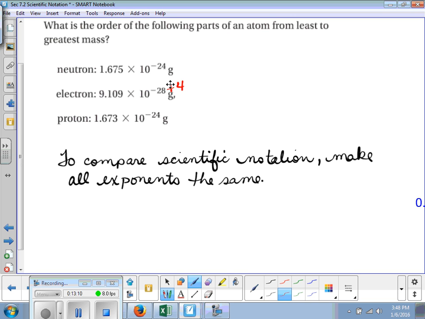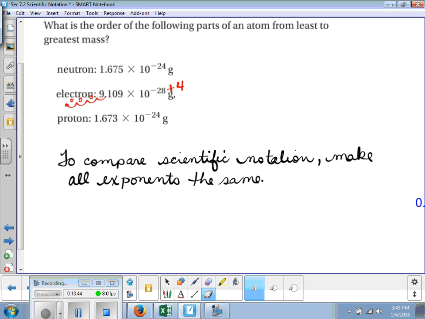Now what do you think happens if I'm going to add 4 to the exponent? What happens to my first factor? It has to move over to the left. Very good. You're going to take this decimal and you're going to move it 1, 2, 3, 4 times to the left. And then of course you're going to add your zeros.